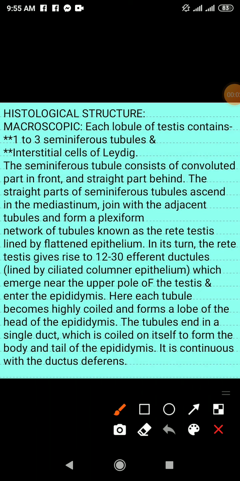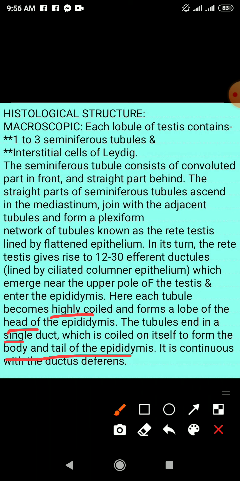By these 20 to 30 efferent ductules, which connect the upper pole of the testis with the head of the epididymis. Then each efferent ductule becomes highly coiled and forms the head of the epididymis, and these tubules end in a single duct which traverses through the body and tail of the epididymis.